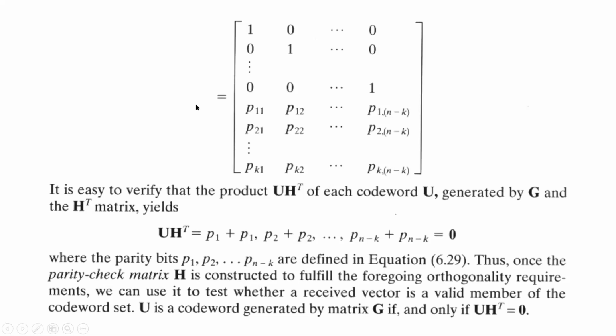So whenever the code word is transmitted, at the receiver I will receive the code word, and how can I know whether I have received a valid code word or not? I will take the received code word and multiply it with H transpose. The result should come to 0. If it is not coming to 0, then it is not a valid code word; there are some errors introduced by the channel, right? So U is a code word generated by matrix G if and only if U H transpose is equal to the 0 matrix.